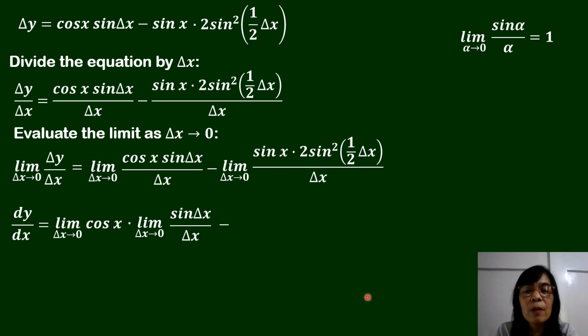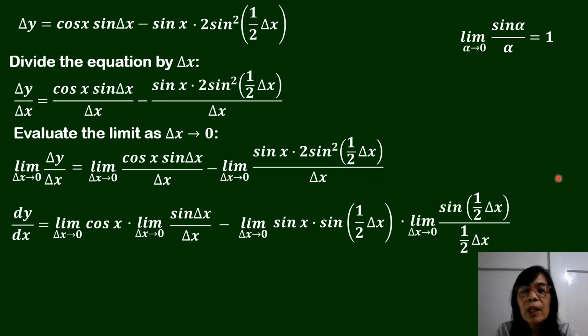So we can now separate the factors as the limit of sine x times sine 1 half delta x. So there are two sine 1 half delta x. So we separate one together with sine x, and the remaining factor in here will be the sine 1 half delta x over 1 half delta x, for us to be able to again apply in here this theorem.